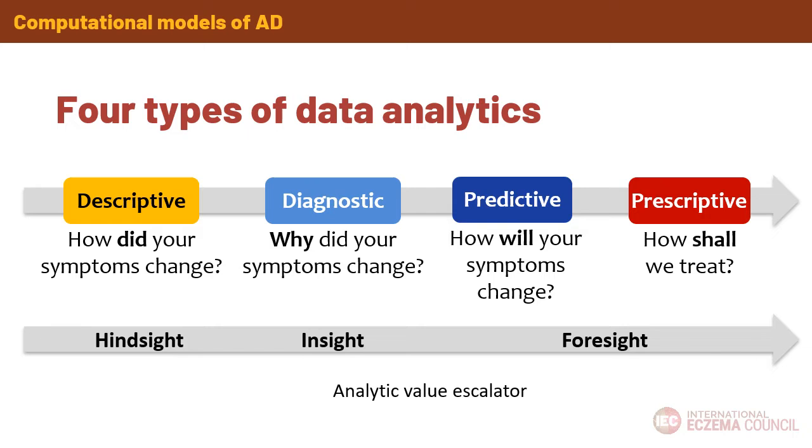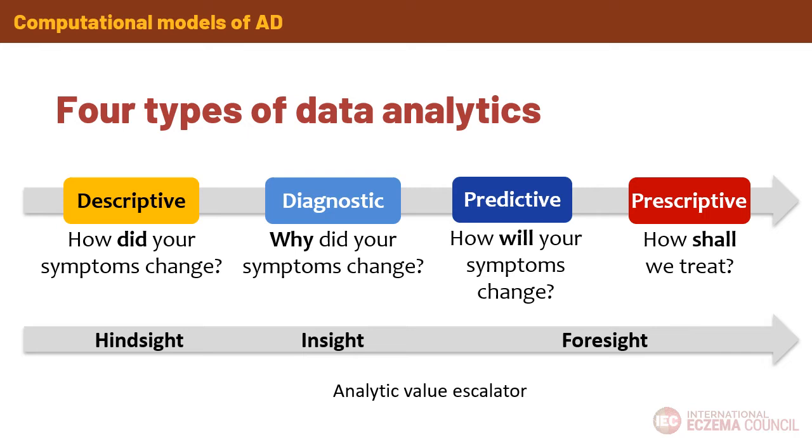Extracting the information from the data and making the most of it to improve decision-making requires these 4 types of data analytics. That is, descriptive, diagnostic, predictive, and prescriptive analytics. We first need to describe what actually happened. In our case, how the AD symptoms changed over time to understand the situation. Then we diagnose why these changes occurred to elucidate the mechanisms.